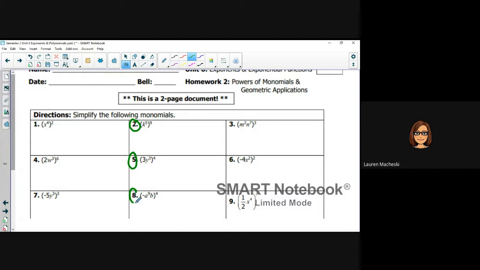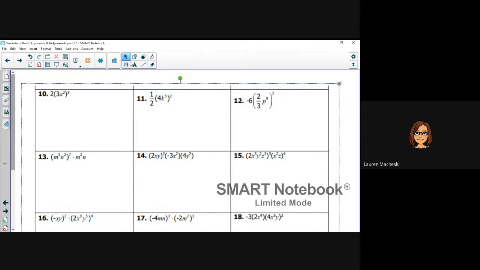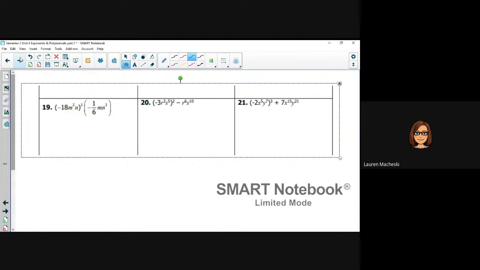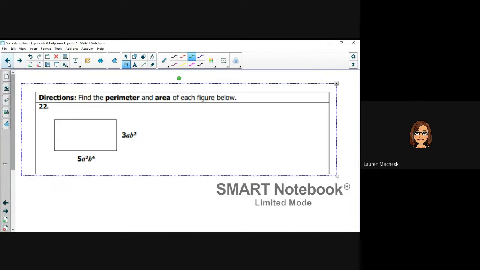5, 8, 11, 14, and let's try some of the geometric application ones. Let's do 22.